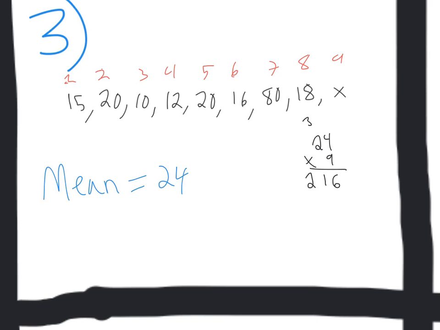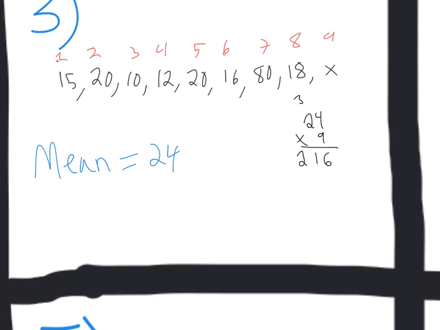So now we've got a really simple equation. Going back to our algebra, where her total is 216, and if we add up all of these numbers plus our variable, our unknown, it will have to equal 216.